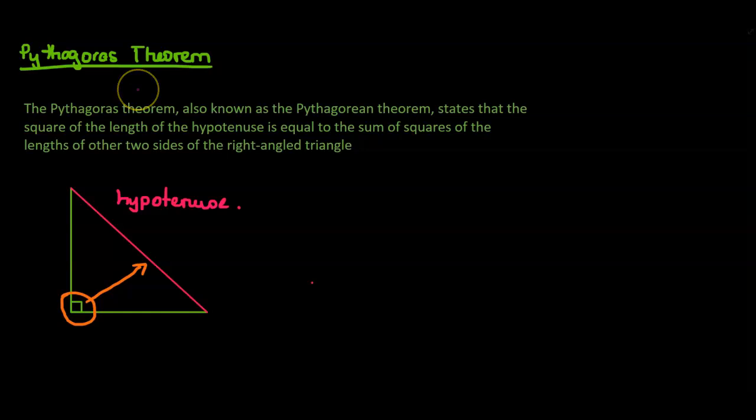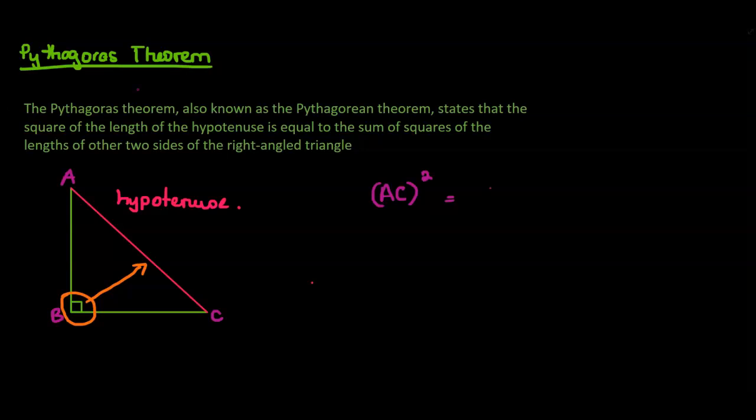So let's say this triangle is A, B, C. This is triangle ABC. Now AC would be the hypotenuse. Okay, so based on the Pythagoras' theorem, the square of the length of the hypotenuse, so that is AC to be squared, is equal to the sum of the squares of the lengths of the other two sides in the right angle triangle.